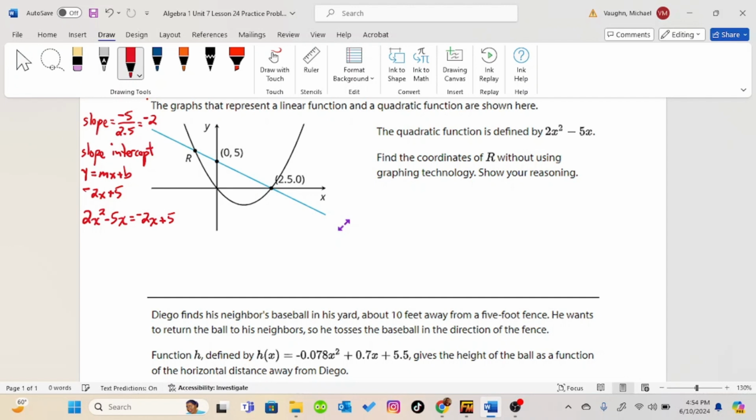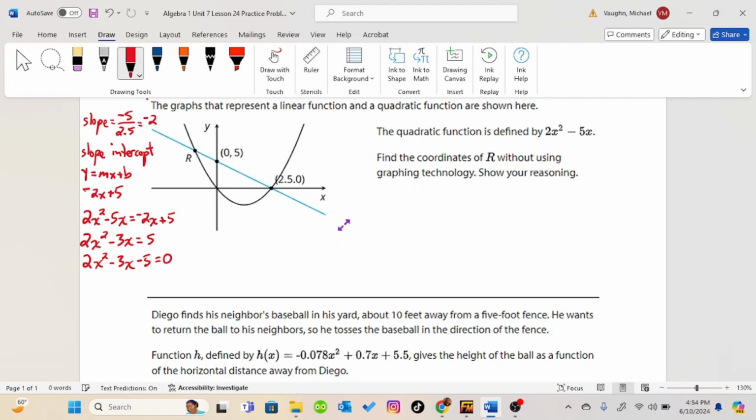I'm going to add 2x to both sides. So this becomes 2x squared minus 3x equals 5. And then I'm going to subtract 5 from both sides. So that becomes 2x squared minus 3x minus 5 equals 0.